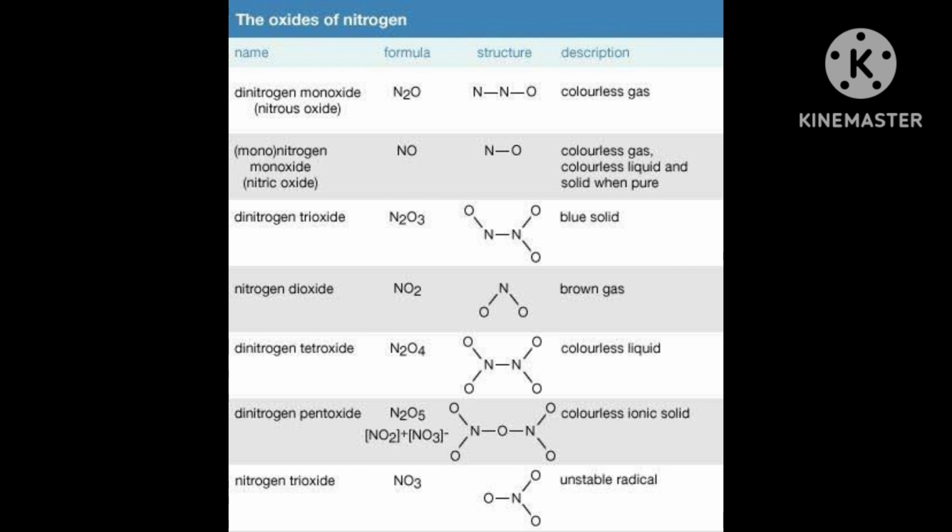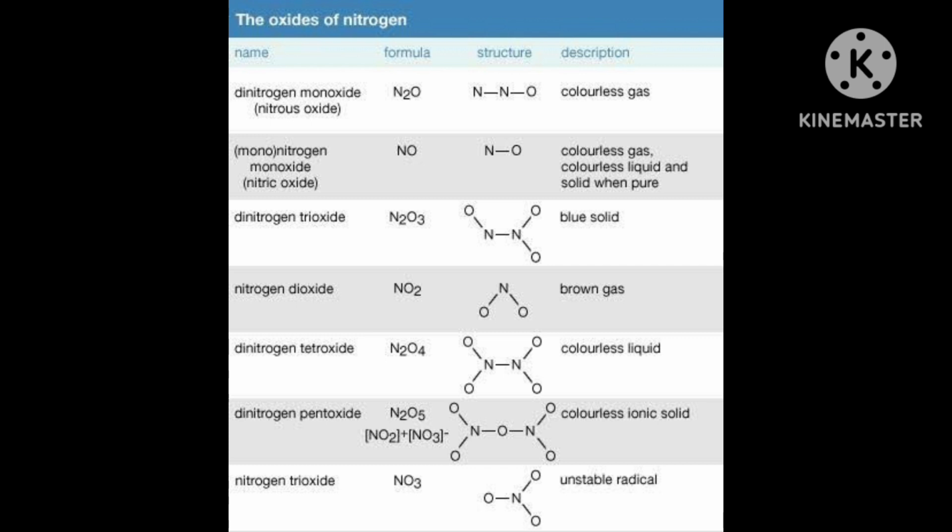N2O4 means the dimer of NO2. So 2NO plus N2O4 gives 2N2O3 if you heat around 250 Kelvin. And what are its properties? It is a blue solid. N2O3 is a blue solid.